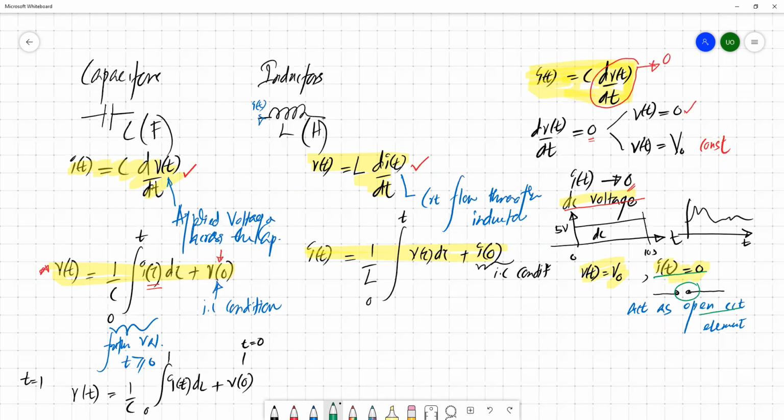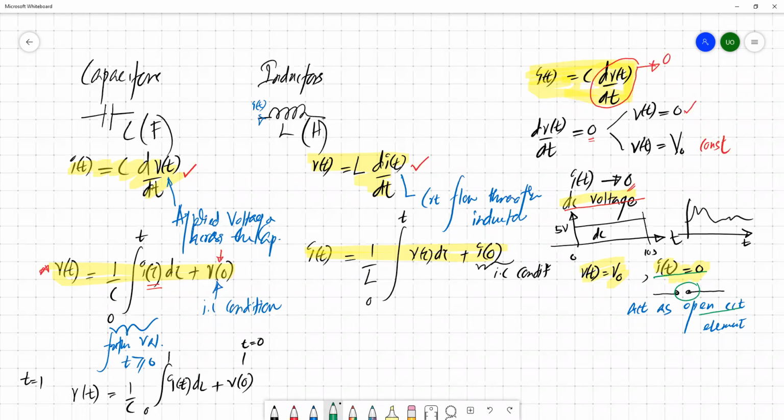The DC domain means you are referring to DC voltages and currents in a circuit. For example, if your circuit is simply powered by a fixed DC source, then to analyze the circuit, you can basically treat this capacitor as an open circuit element.